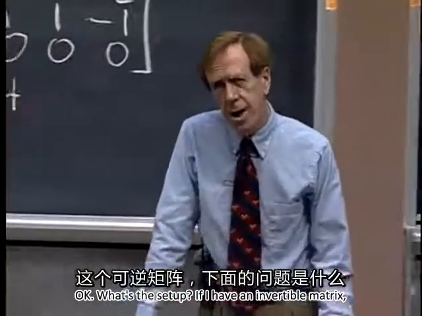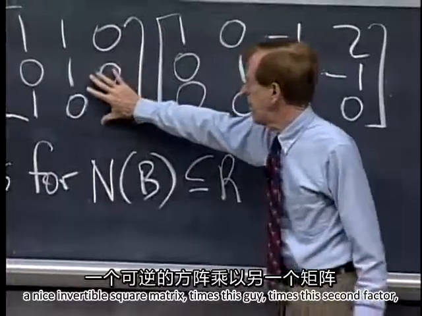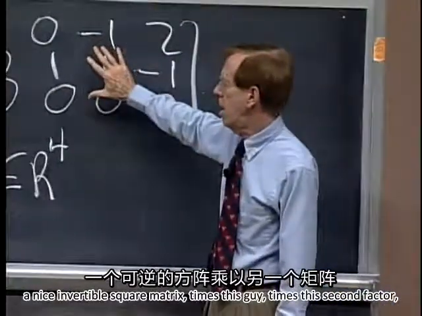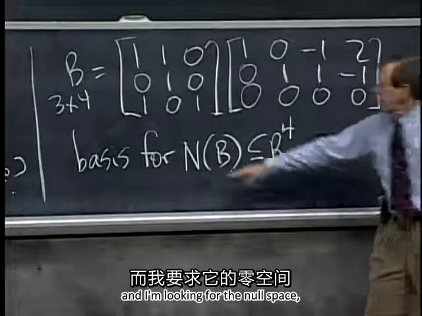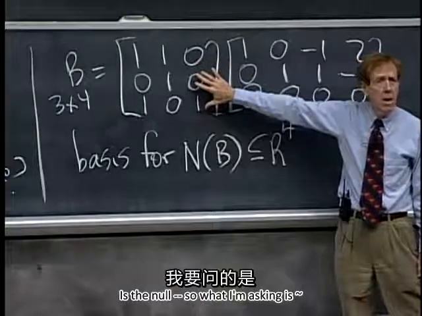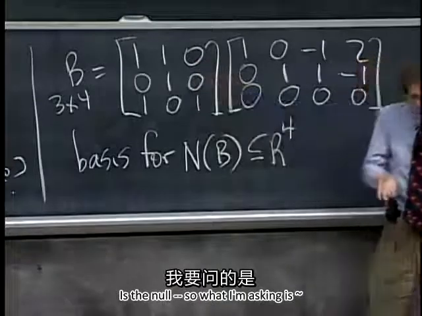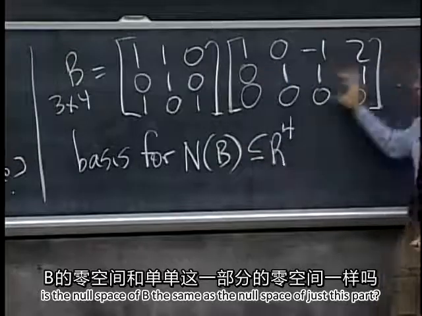what's the setup? If I have an invertible square matrix times this second factor, and I'm looking for the null space, does this have any effect? So what I'm asking is, is the null space of B the same as the null space of just this part?